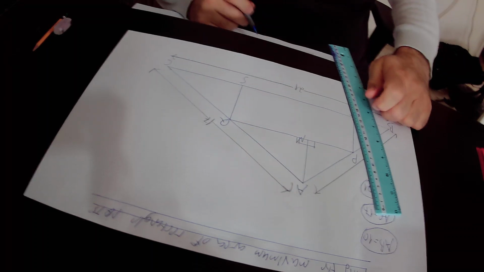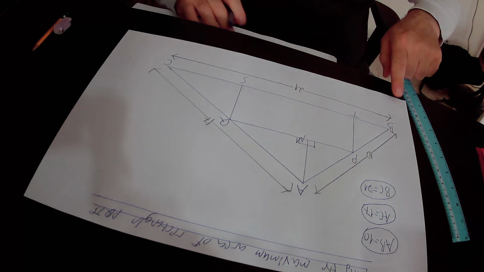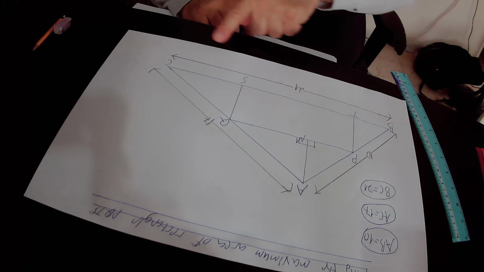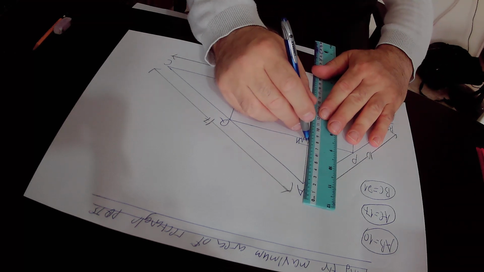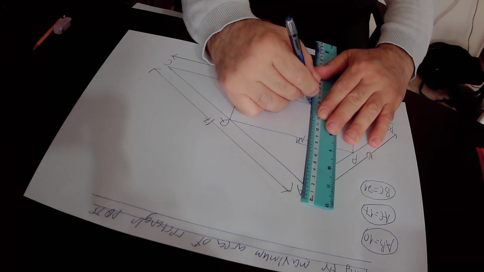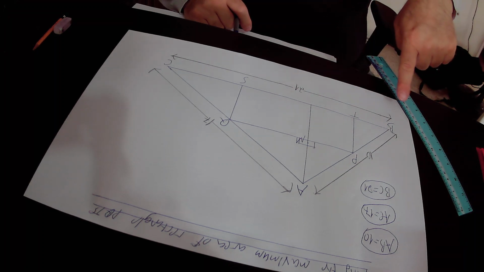In the next step we will extend the perpendicular AM until it touches side BC, and we define the touching point of the extended perpendicular AM with side BC.